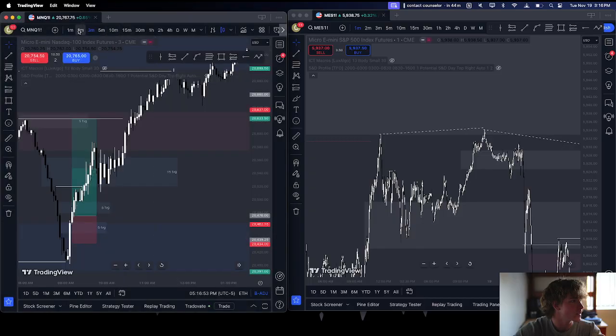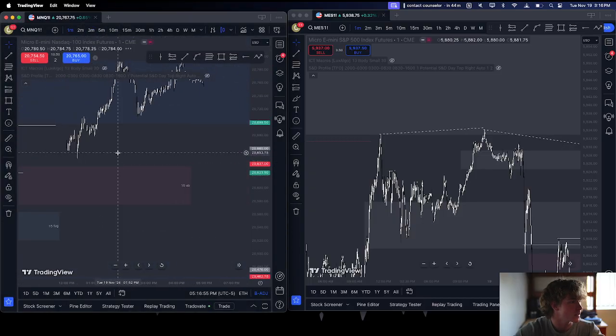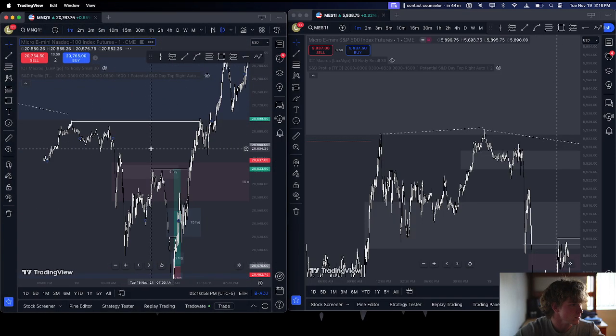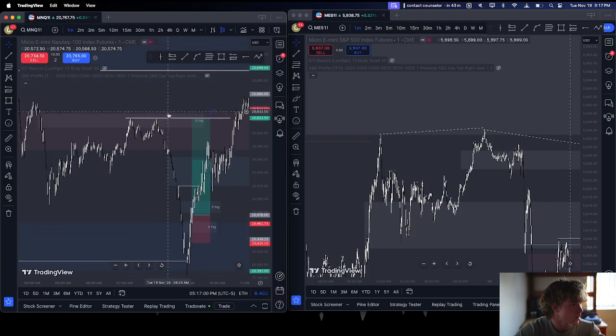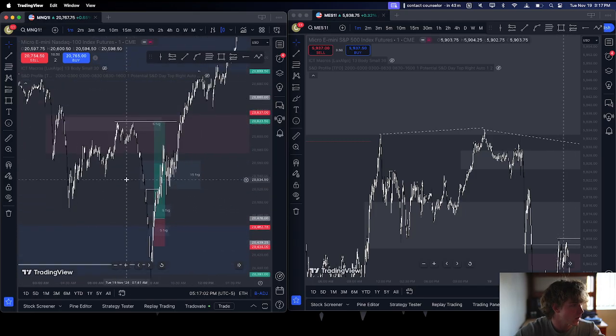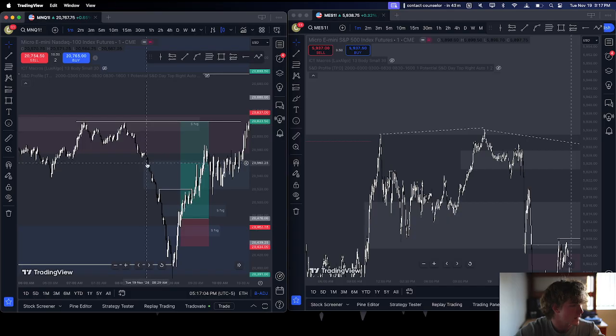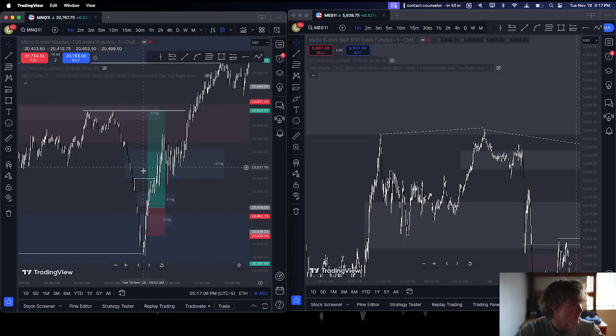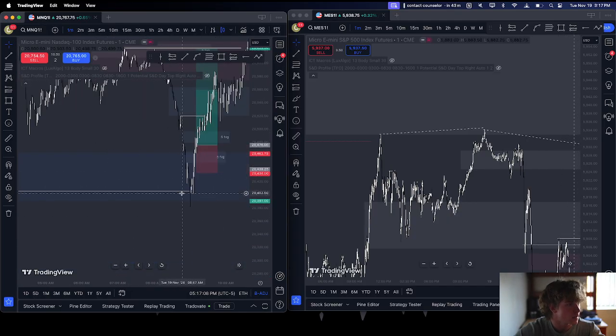Another reason I didn't take this trade is because there really was no entry. Right here, market opens, and we just sell all the way down to this low right here. So I wasn't really interested in taking any shorts.